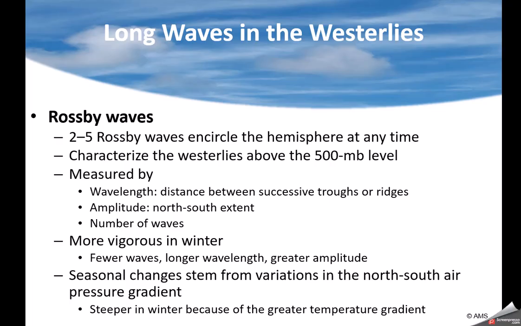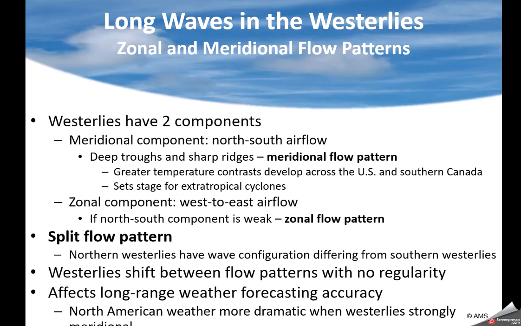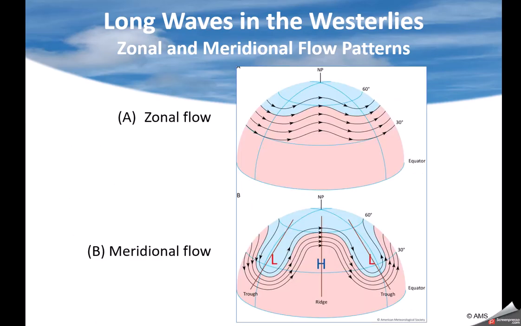We're going to talk about Rossby waves, and I want to do a little bit more with that. But the westerlies can look like two components. There's a meridional flow and a zonal flow. So zonal flow, there's still a little curve, it's a little wavy, but it's not a lot.